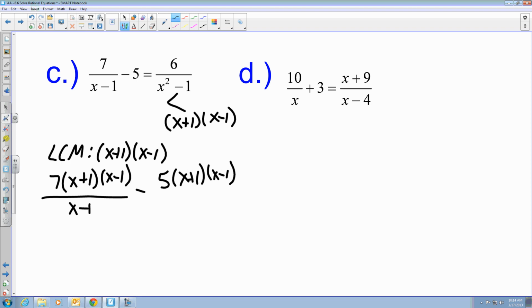And this is going to equal 6 over x plus 1 over x minus 1. And this is the same thing, so these get canceled out. This gets canceled out.